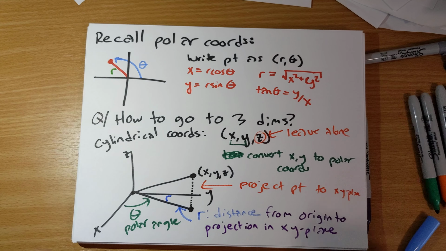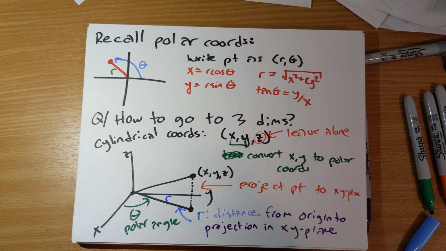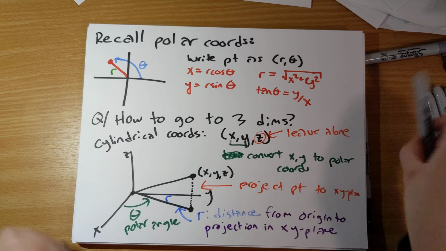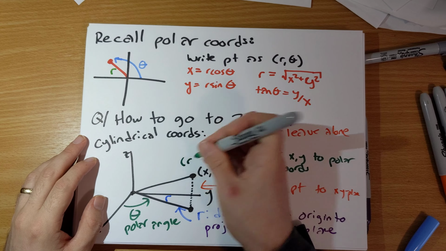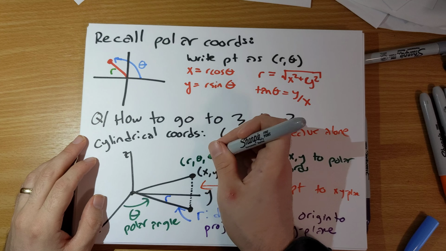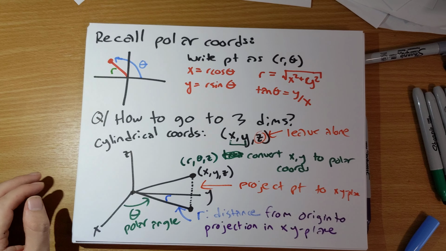And then for z, what do you do with z? You just leave z alone. So instead of going x, y, z, we go r, theta, and z.